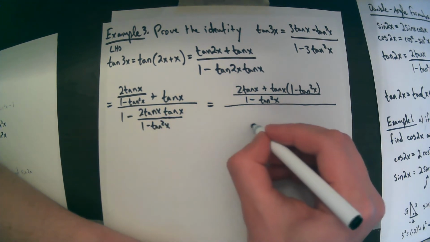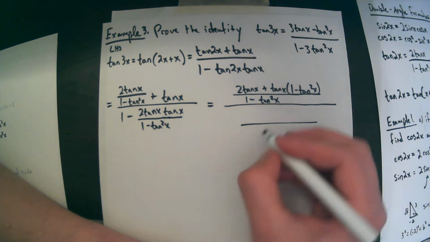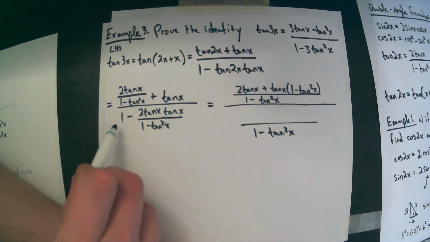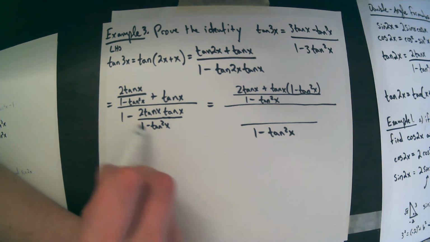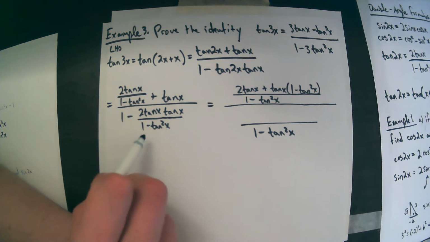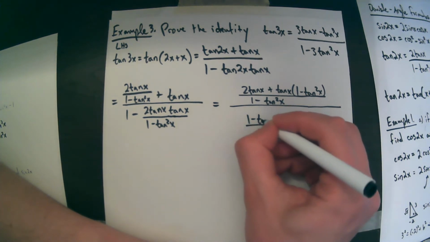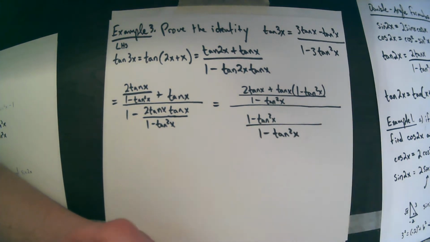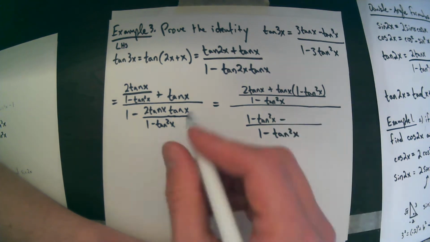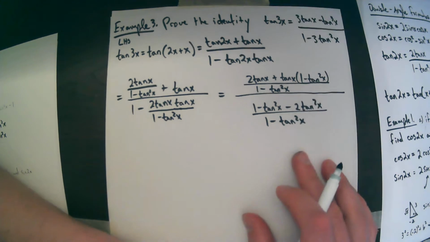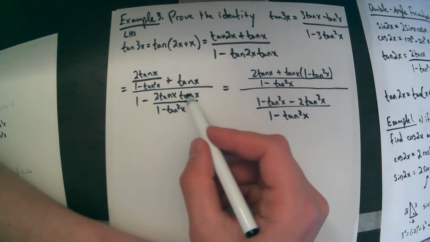Now my common denominator is actually going to be the same, 1 minus tangent squared x. Now if this was a 1, then this 1 needs to get multiplied by that, so it has the same denominator. But that's easier. That's just going to be 1 minus tangent squared x, and then minus 2 tangent squared x. So what I did there is I went ahead and said tangent x times tangent x is tangent squared x.